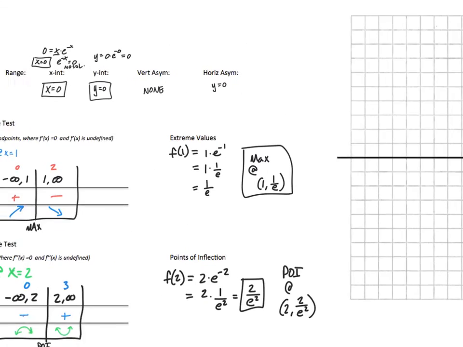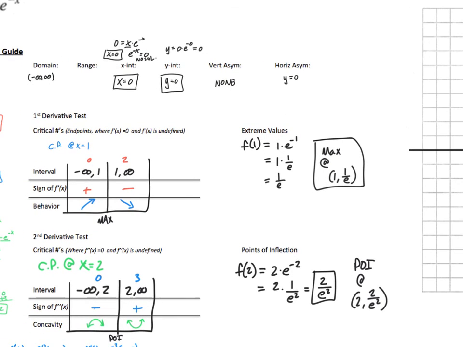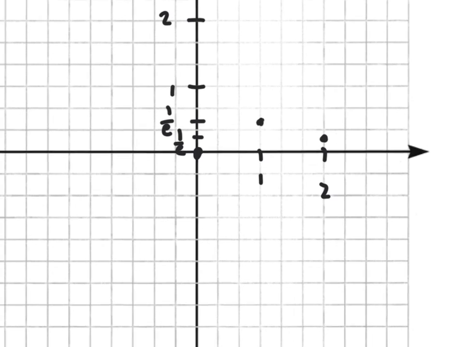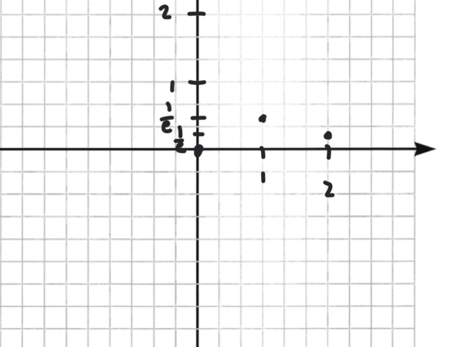So here's the thing. I know that I increase between 0 and 1. I know I'm increasing right here, and I'm concave down. So let's go ahead and draw that graph where I'm increasing. I'm increasing from here to here, concave down, and then I'm decreasing from 1 to infinity.